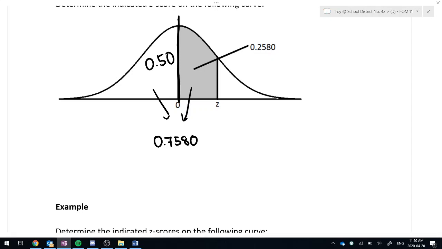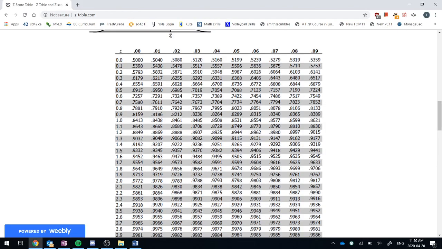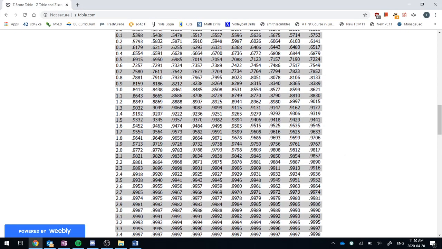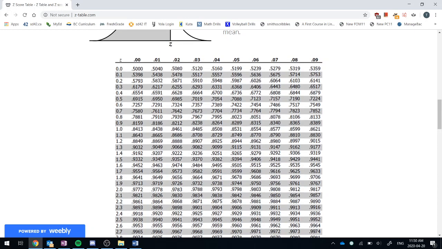So now we have to go and find the z-score table entry that has 0.7580. Right there.